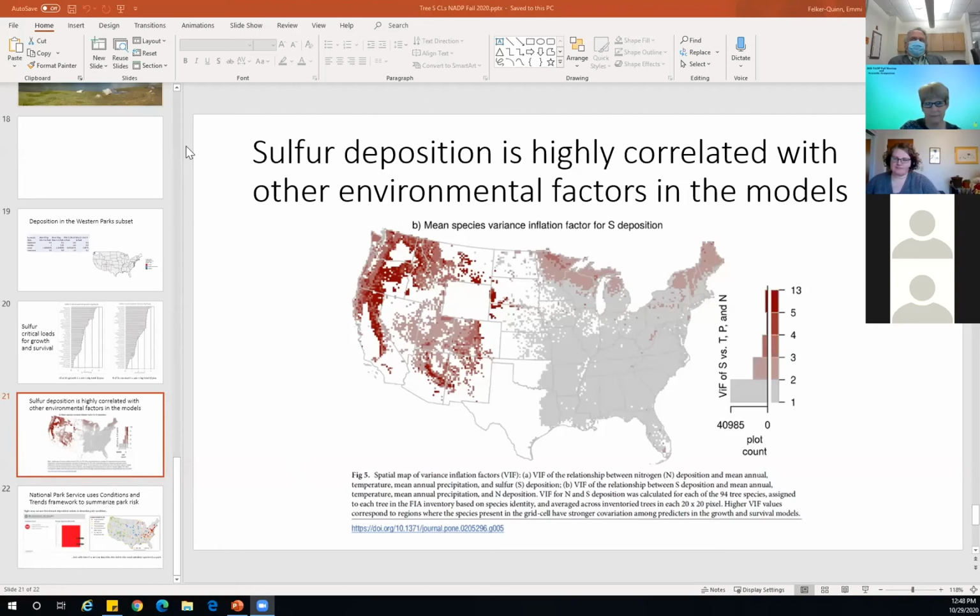And so I think that is another way that we could decide how to apply these critical loads from this data set: to look at the VIF and use certainty based on that.